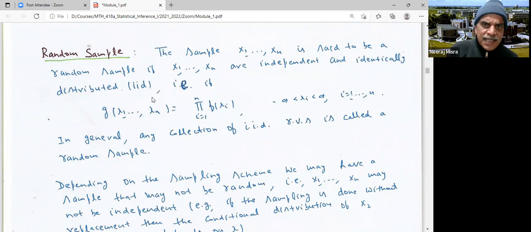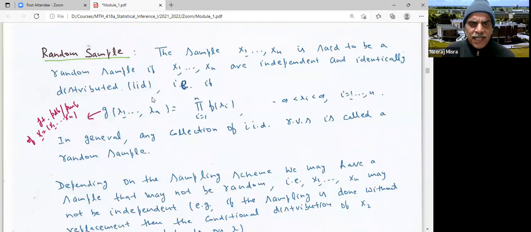Now, if that is the case, then you know that g of x1, x2, xn, which is the joint PDF or PMF of your whole sample, because they are independent, will be the product of the individual probability mass functions, and each of them has the same PMF because they are coming from the same population.